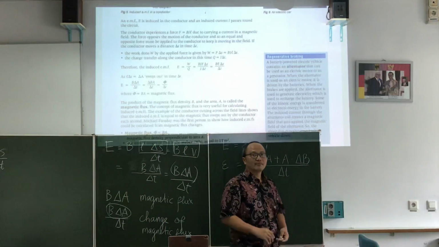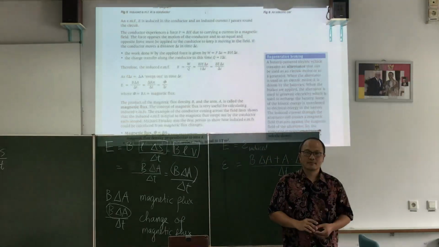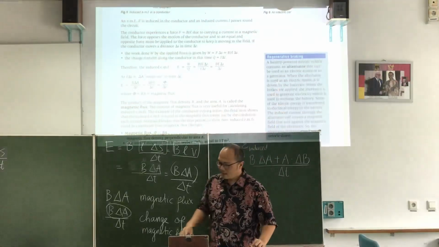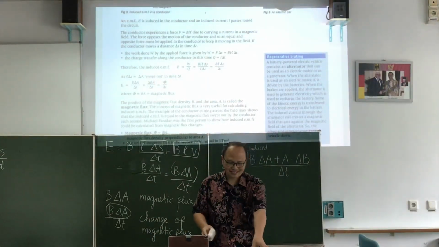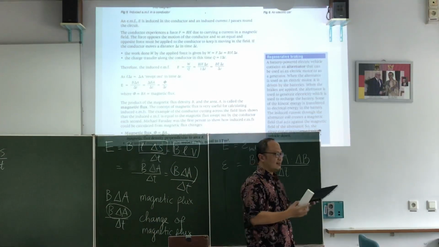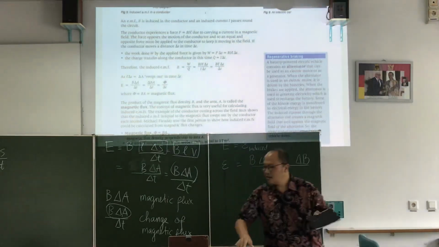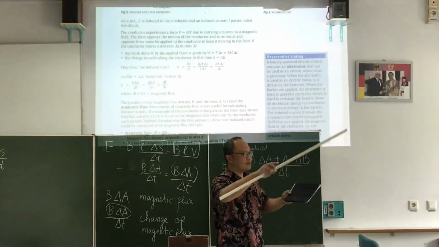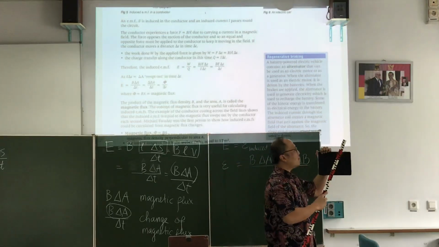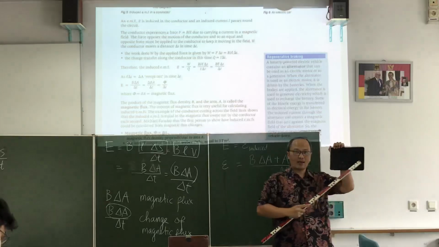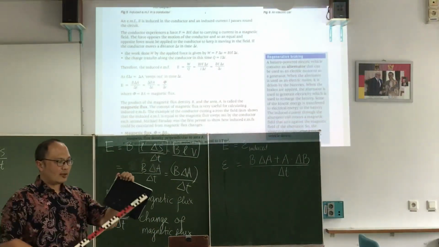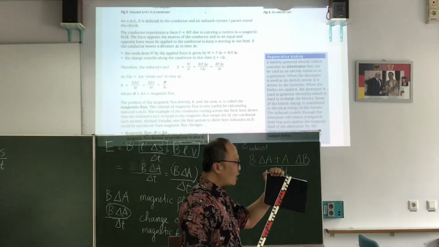Yes, ma'am. Can you explain again what the delta area is? Okay, delta area. If this is a rod, and this is the magnetic field area where the magnetic flux or field rushes on it.